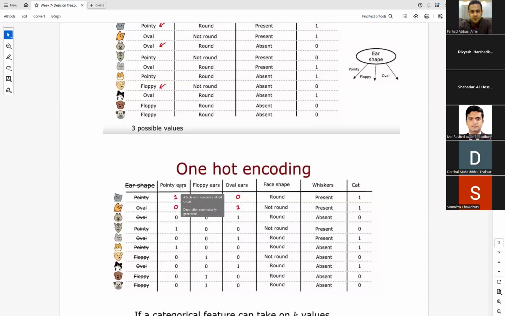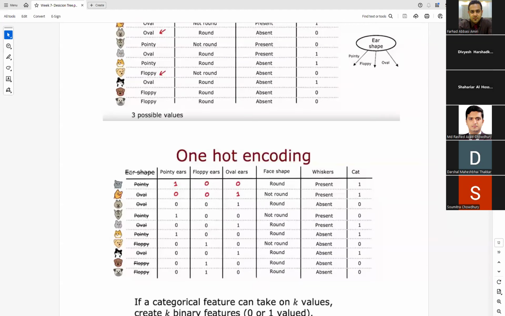We created 3 new columns: pointy ears, floppy ears, and oval ears, right? Instead of this one, we changed it into 3 new columns based on its possibilities: pointy, oval, and floppy. And how can we fill it out?